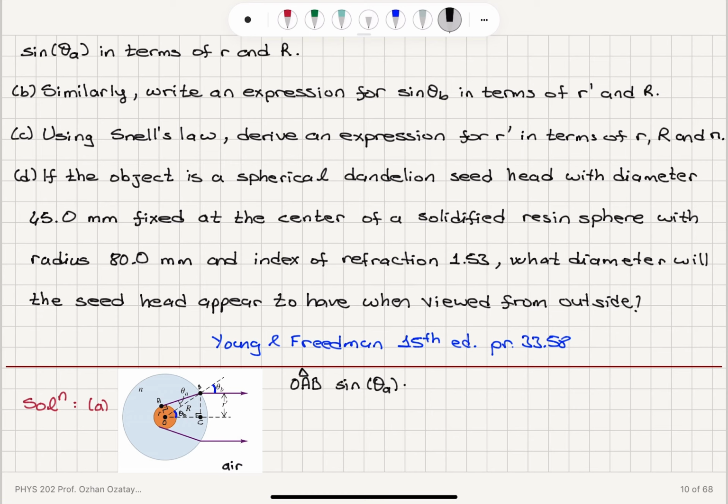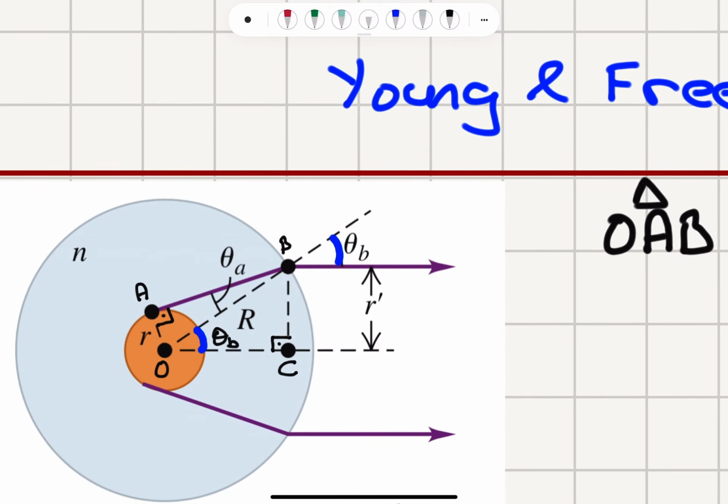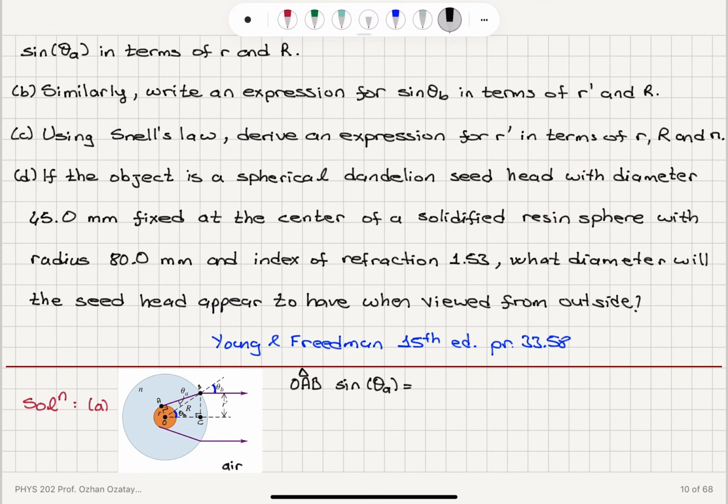Sine of theta sub A, as we can see from this right triangle, is r divided by capital R.